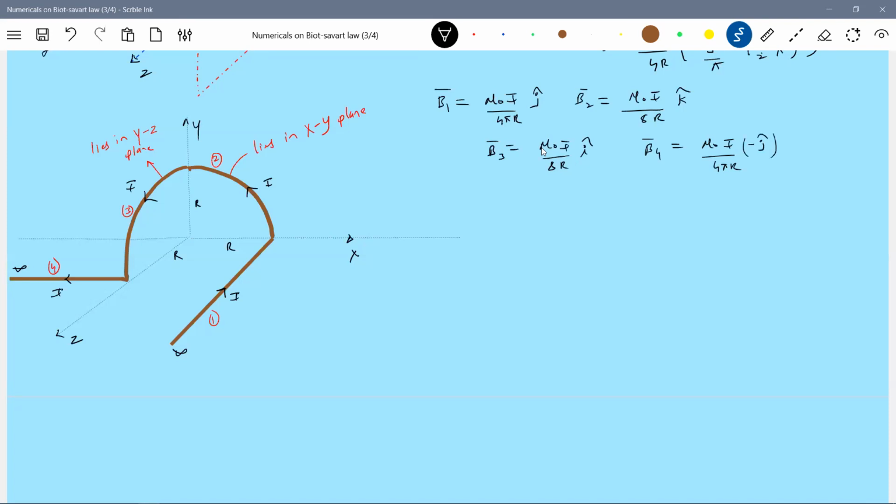So these two will cancel out. The net field will be only due to 3 and 2. Field at origin, net field at origin.